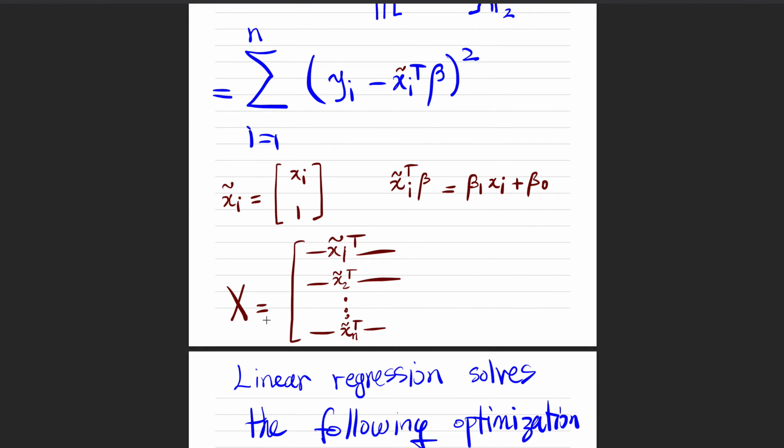And just as a reminder, X is this n by p matrix where the first row is x1 tilde transpose, x2 tilde transpose, up to xn tilde transpose.